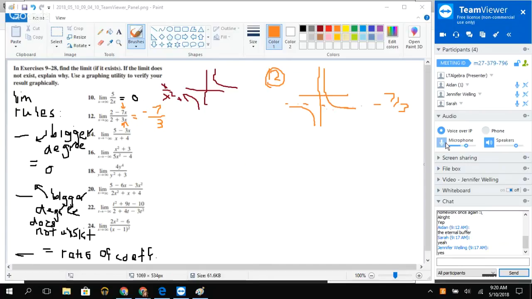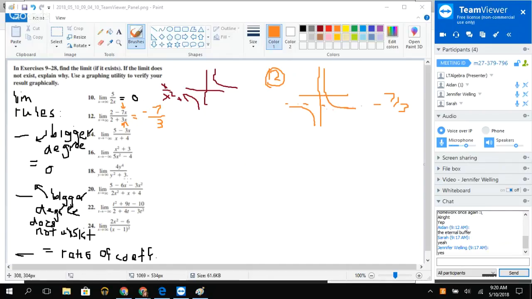Okay. So what happens if, for example, we have number 18? Number 18 is the limit as y approaches infinity of 4y to the 4th power over y squared plus 3. So what happens in that case? The degree of the numerator is bigger than the degree of the denominator, right? So just think about this.